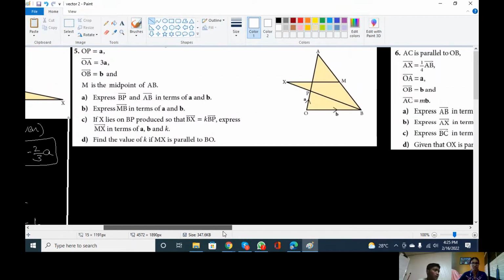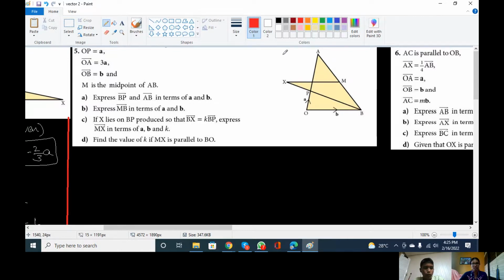Next question. Fifth question. OP is equal to A. Given, OA is equal to 3A. OA is equal to 3A means this P to A is 2A. If this is A, then P to A is what? 2A.